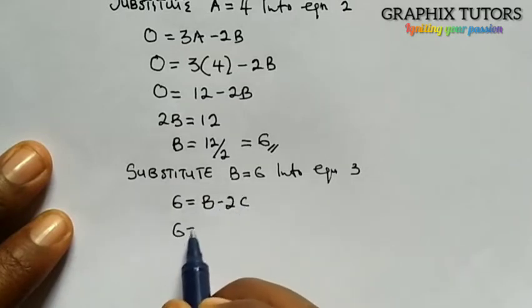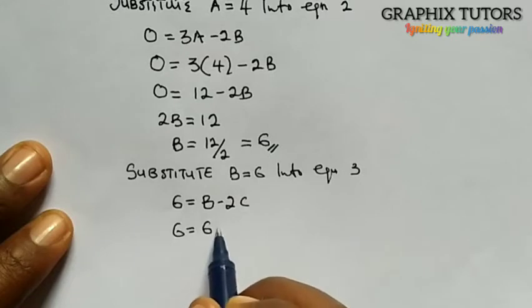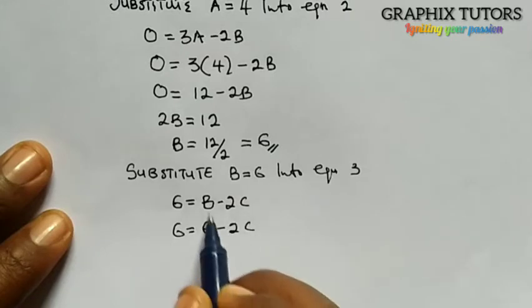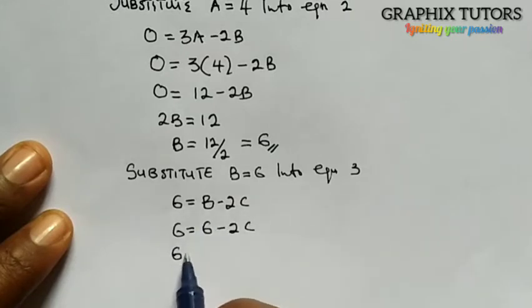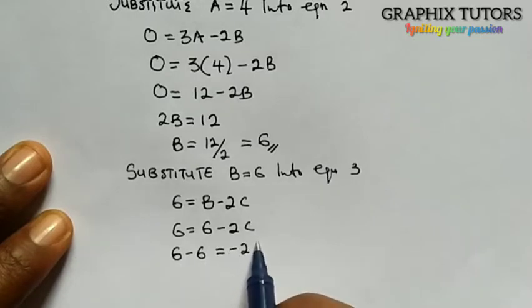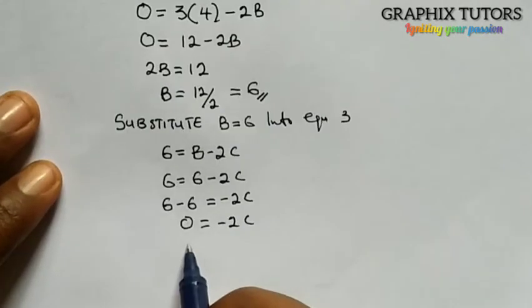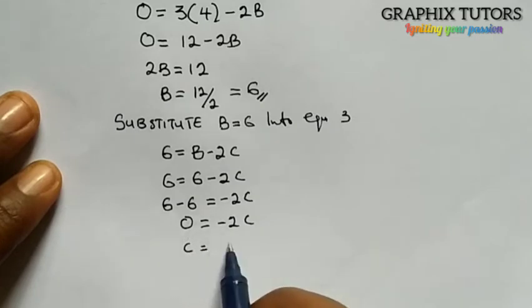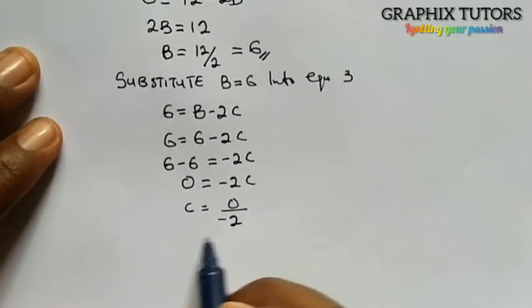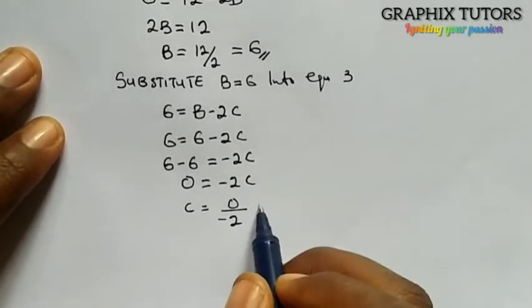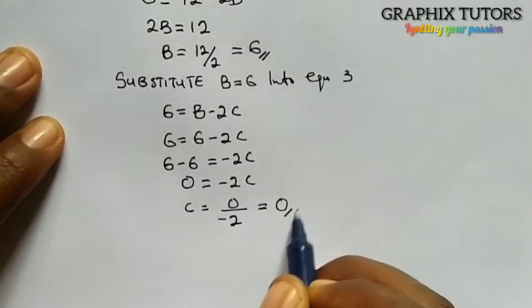So 6 will now give us b is 6 minus 2c. So when the 6 comes here, it will become 6 minus 6 equals minus 2c. Right? So this will be 0 is equal to minus 2c. So automatically c will be equal to 0 over minus 2. And recall, 0 over any finite number is equal to 0. So my c is 0.